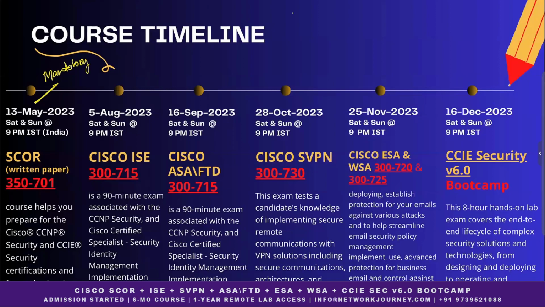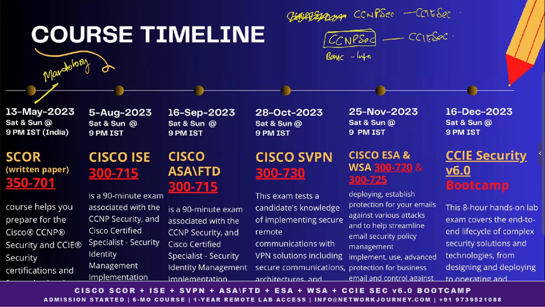There used to be CCNA Security, then CCNP Security, and then CCIE Security. Nowadays, CCNA Security has been taken down. You have CCNP Security and CCIE Security. The CCNP covers the basic to intermediate level, and this is the advanced level.